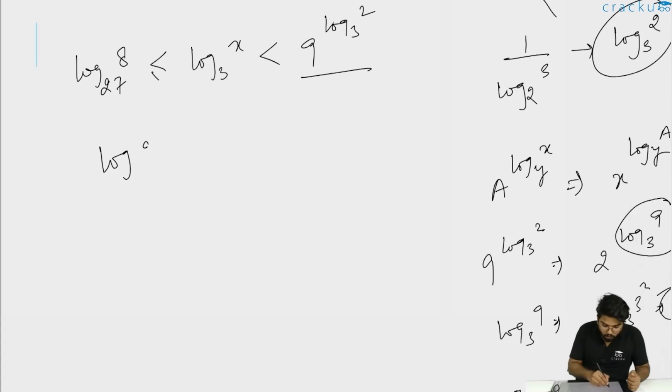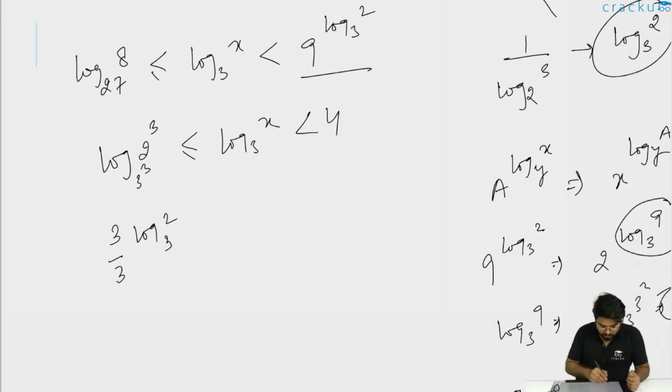So I can write log 8, which is nothing but 2 cube, with base 27, which is 3 cube, should be less than log x with base 3, and should be less than 4. Or I can take both these values to the numerator and denominator, because whenever we have any powers in log, they come out: log 2 by 3 should be less than log x by 3 should be less than 4.